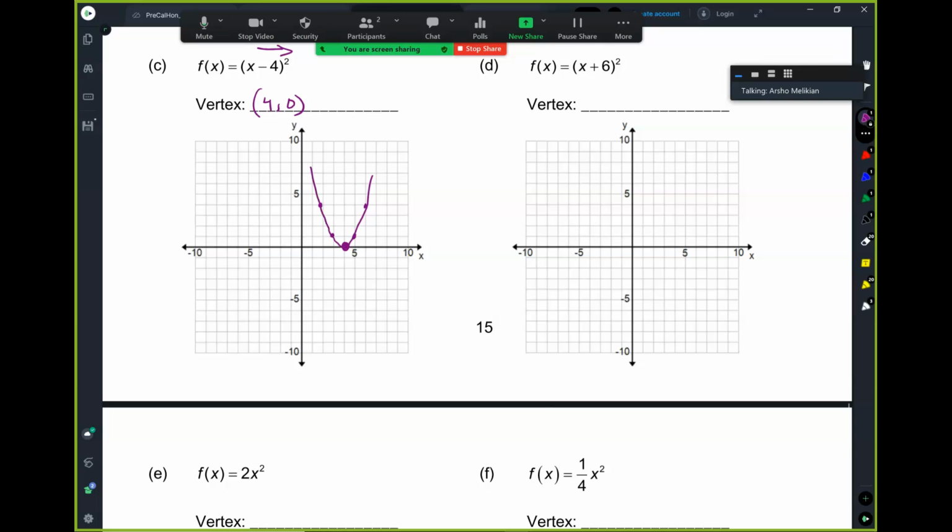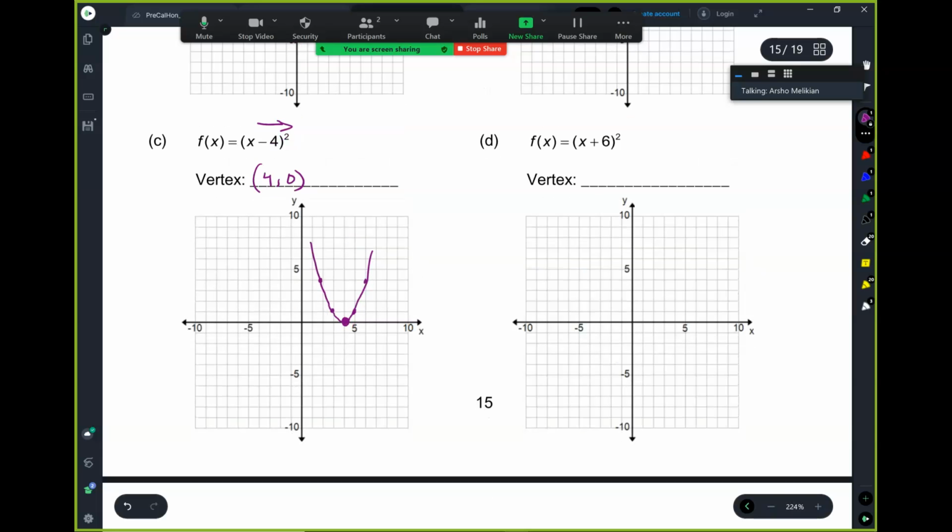You've got to be able to graph these relatively swiftly. I don't want to use the word quickly because I don't want you to rush through it, but it's got to be nice and smooth. Okay, x plus 6 squared. Where does the graph move? To the left, how much? 6 units. So the new vertex is -6, 0.